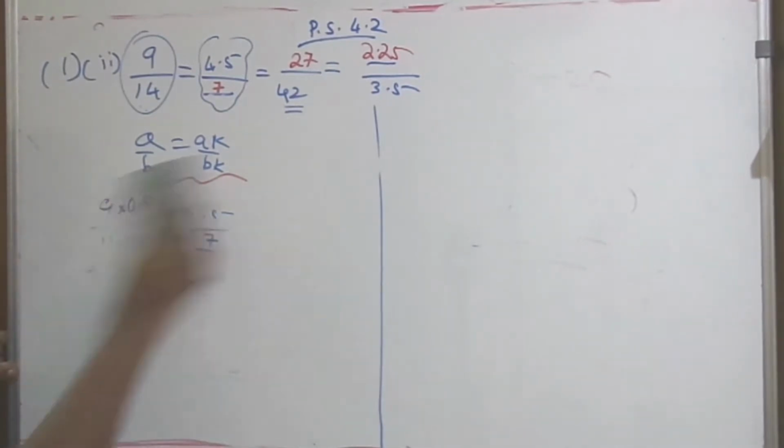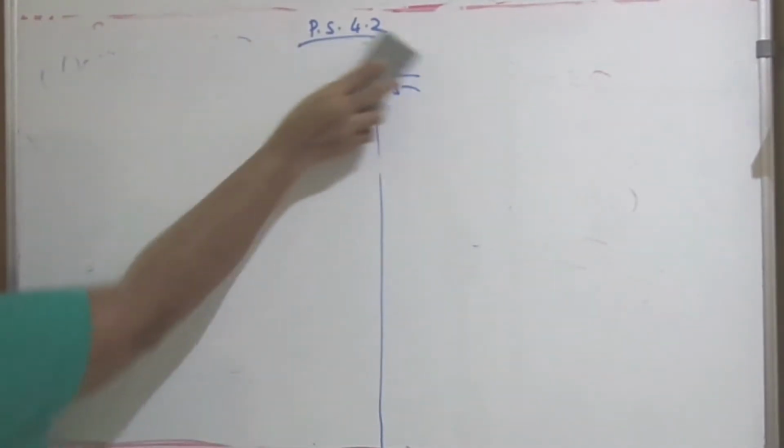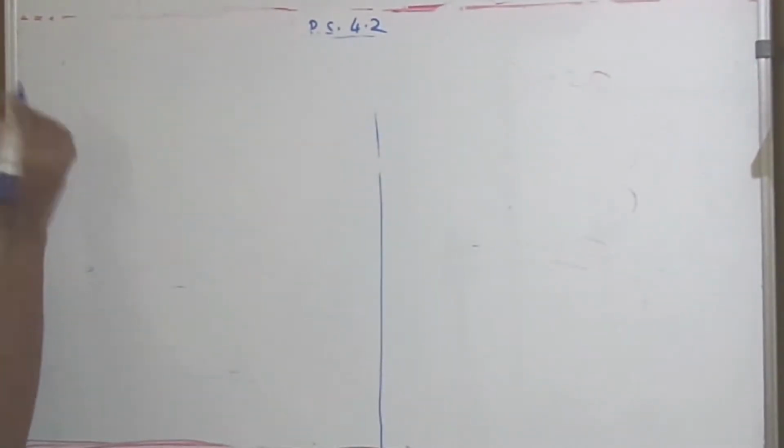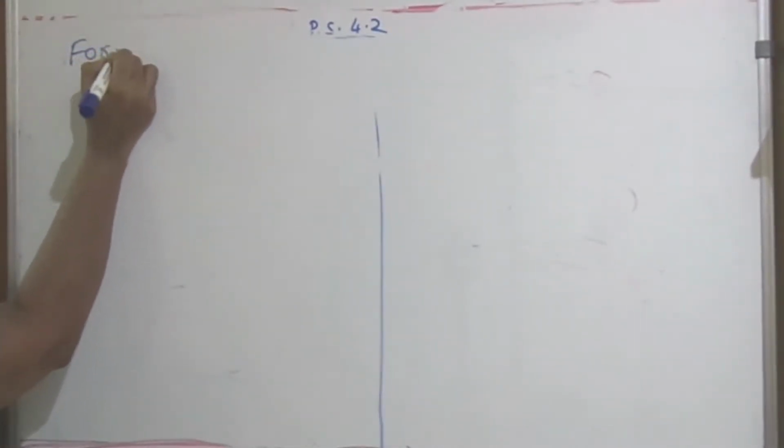Now I am going to do the next sum. Question number 2. Before question number 2, now I will give you some formulas which you have studied before. So write down this set of formulae.